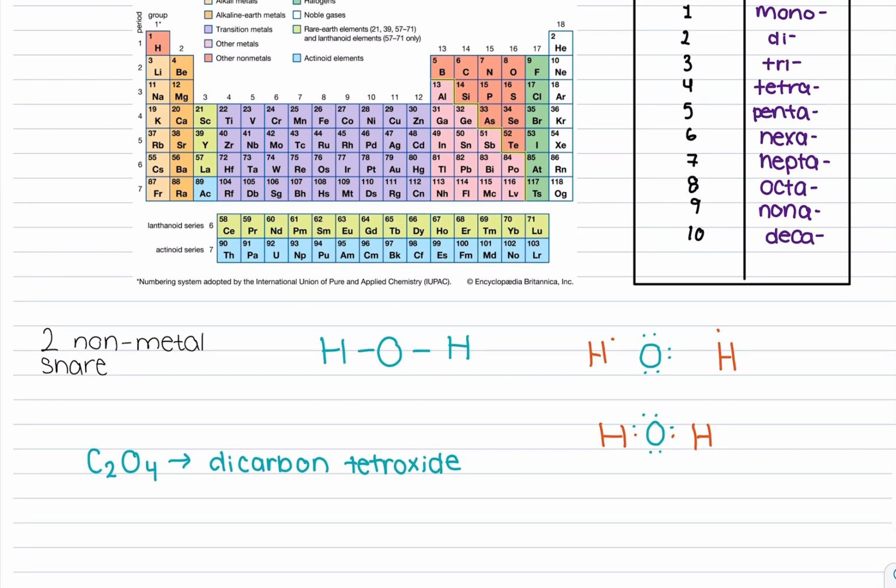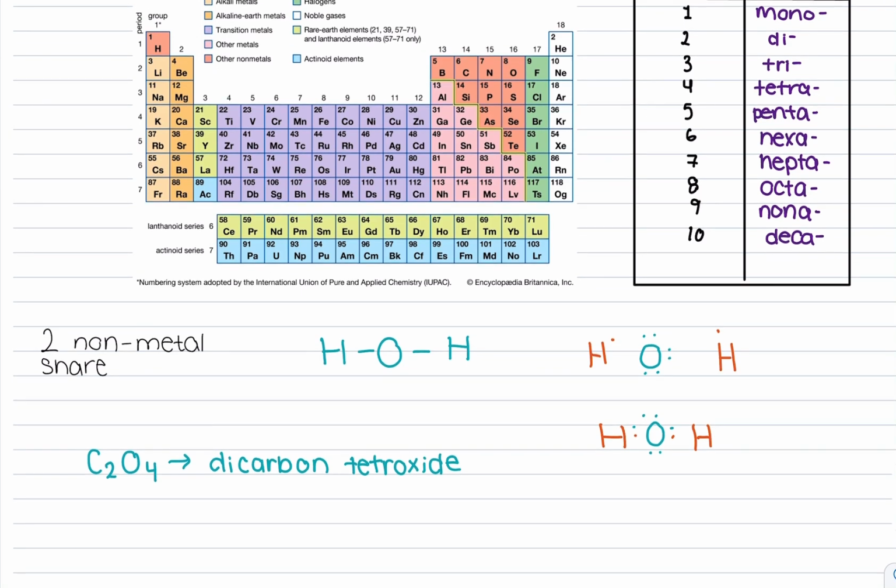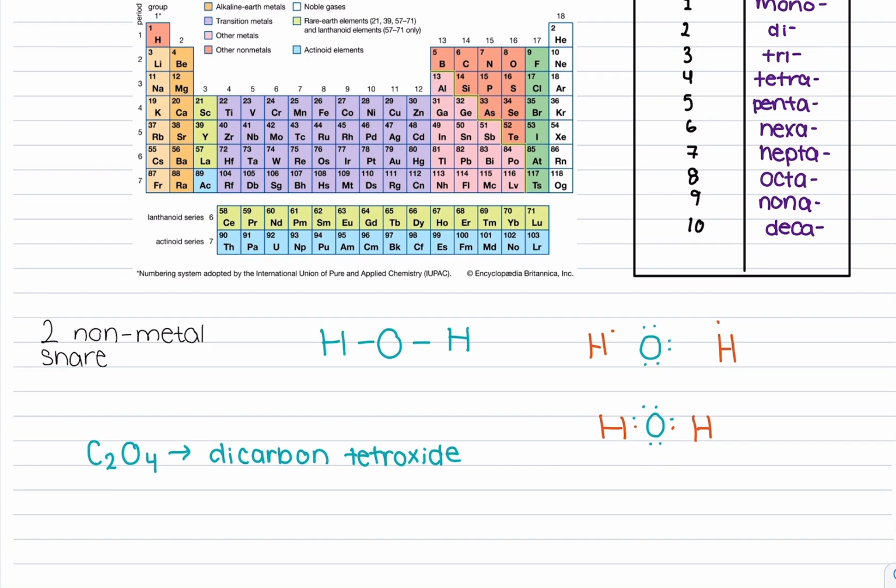All right, so let's look at another one that's a little bit different. If we have something like HS, we'll notice we only have 1 hydrogen and 1 sulfur. And instead of writing monohydrogen monosulfide, because mono is our prefix for 1, we actually don't write a prefix for the first word if it's just 1.